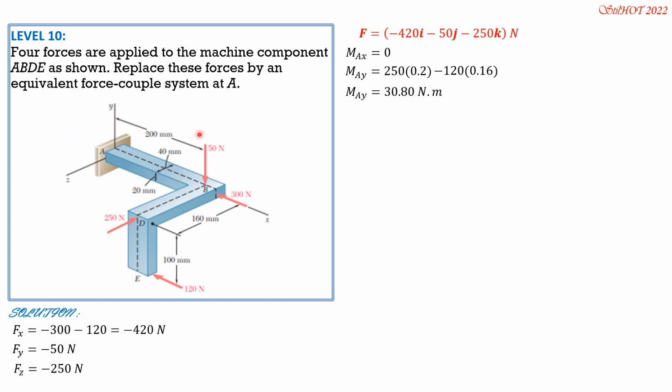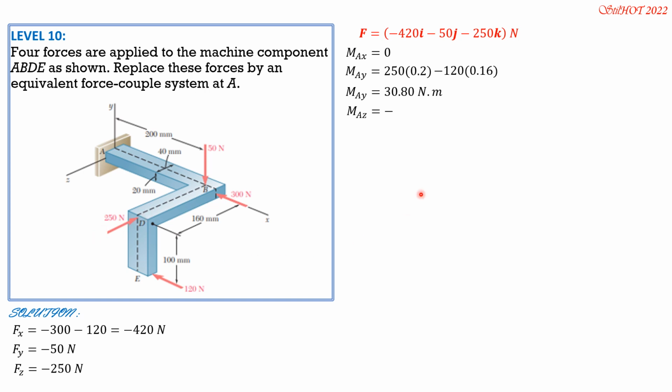Let's begin with 50. It is in the opposite sense because positive moment is from bottom going up, then curl in that direction. This is in the opposite direction from top going to bottom, then up. So negative 50 times 0.2. This is also negative 120 times 0.1, because imagine this is the z-axis also.